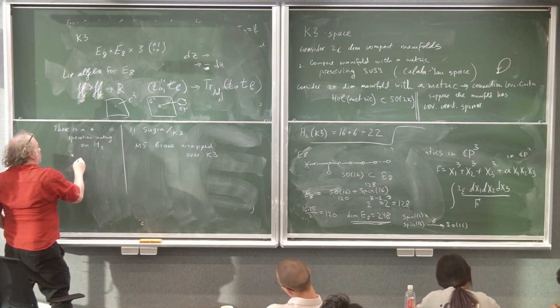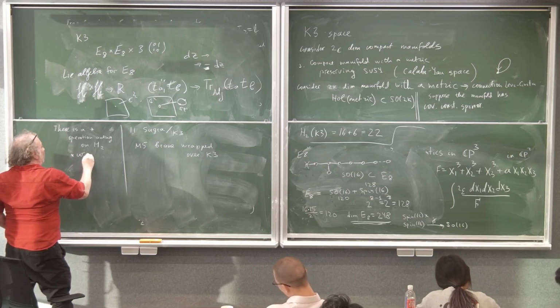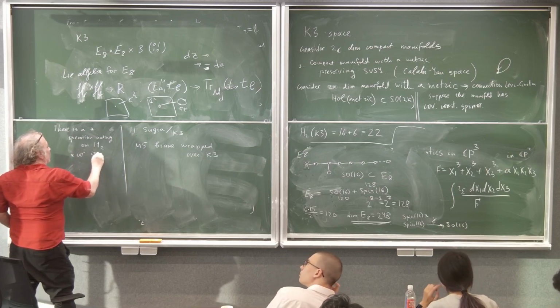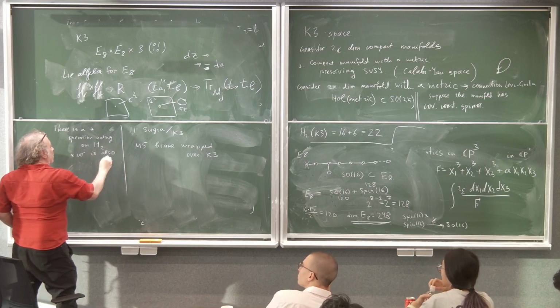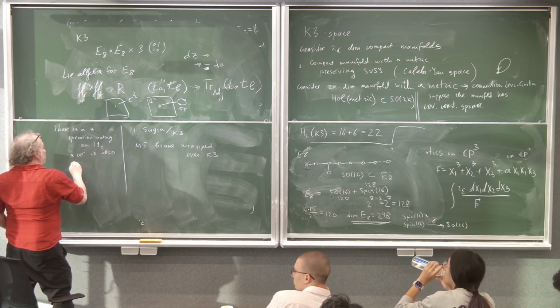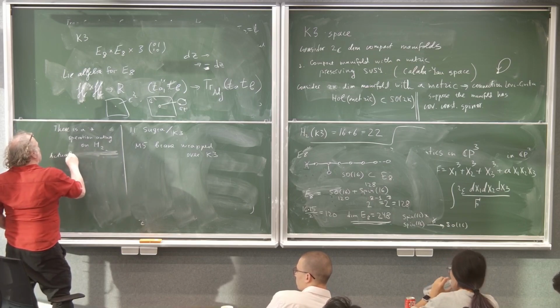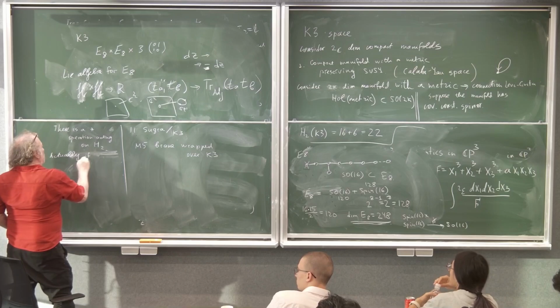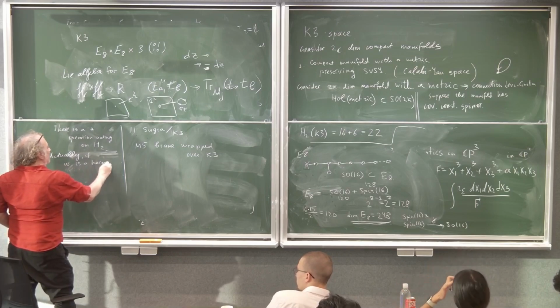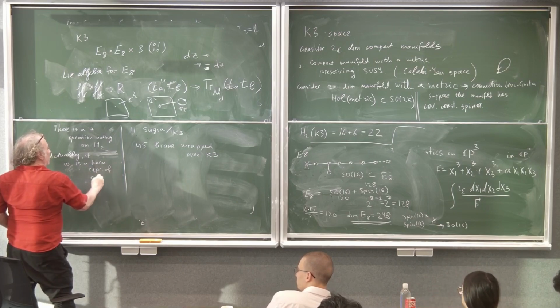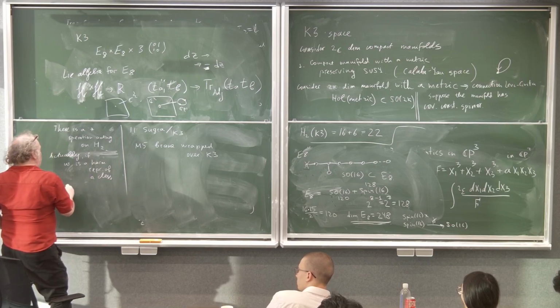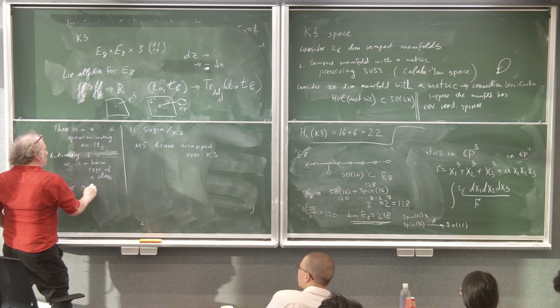If omega is a harmonic representative of a class, then star omega is also harmonic.